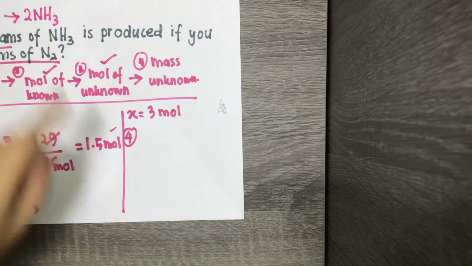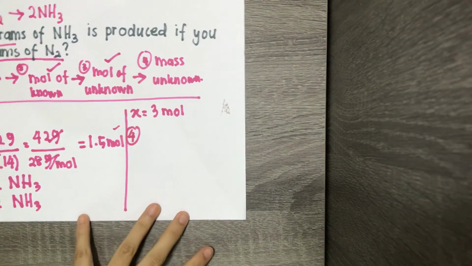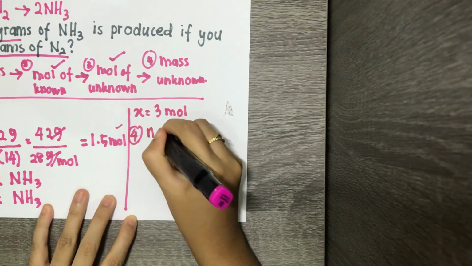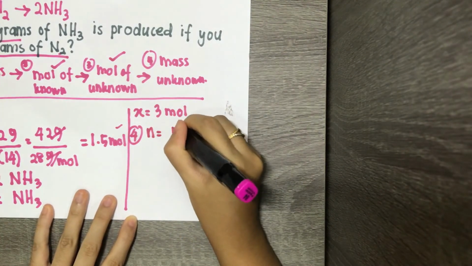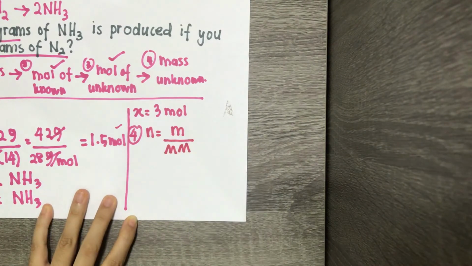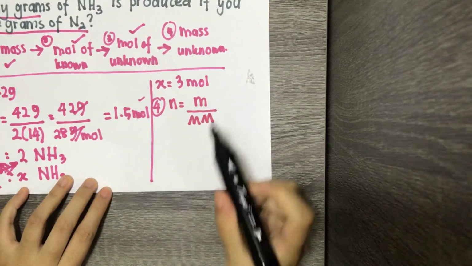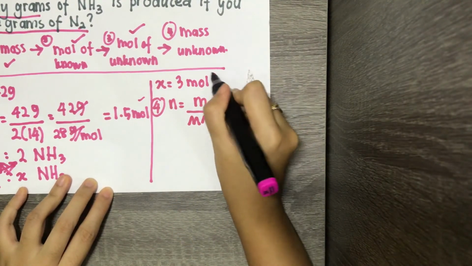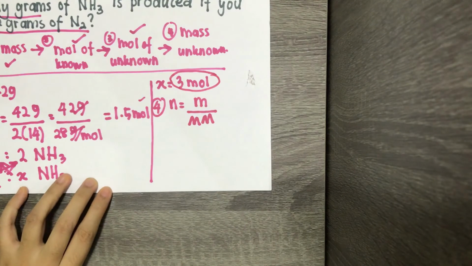The last step is to find the mass of the unknown, which is the mass of the NH3. So apa formula untuk cari mass? Kita akan guna formula number of mole equals to mass over molar mass. Number of mole kita dah ada. This one is number of mole for NH3.